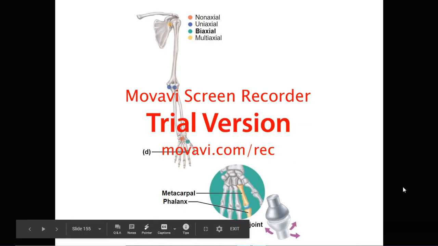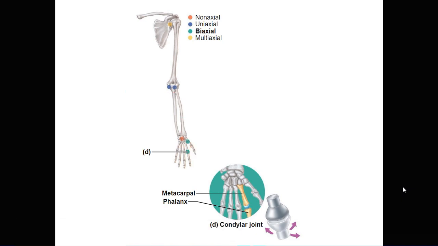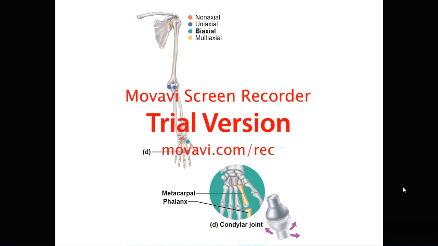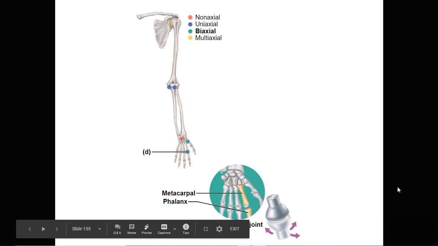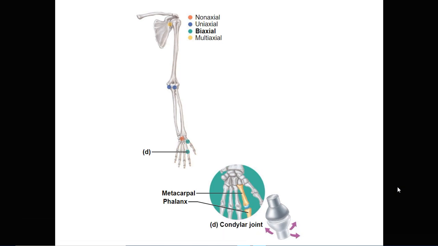On this figure, we see an example. You see the teal green example of a biaxial joint. Remember, biaxial means movement in two planes. The metacarpophalangeal joint, which is highlighted in this figure, is an example of biaxial movement.